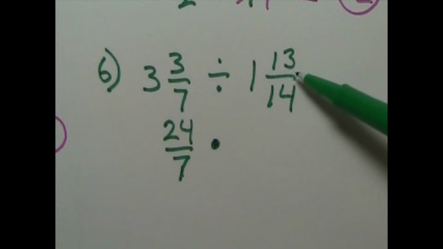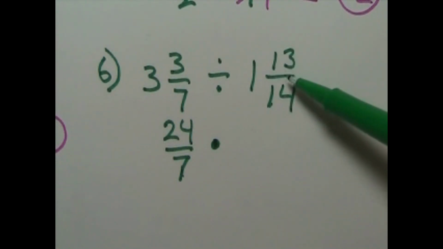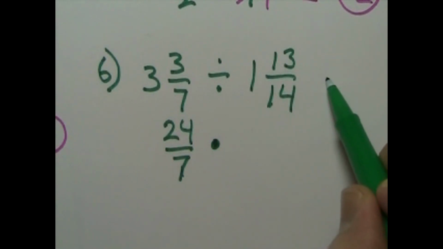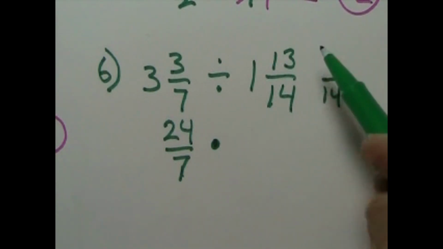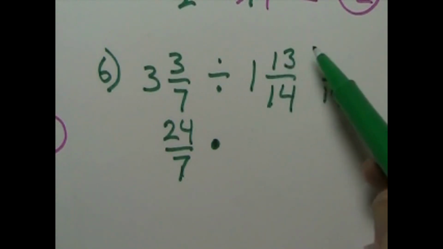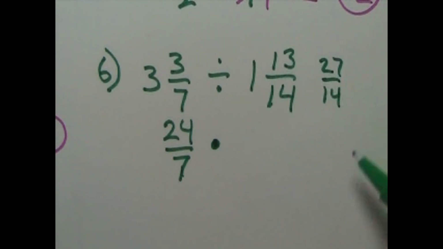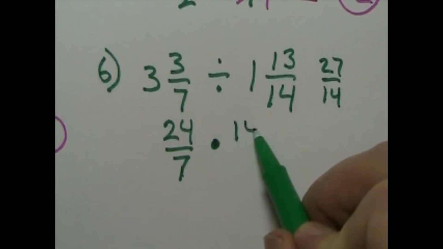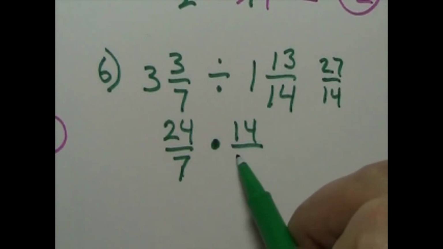And then now I'm going to have to make this into an improper fraction. So let's see. 14 times 1 plus 13. So 14 plus 13 is 27. So that is what I'm going to flip. If I flip that, 14 goes on the top, 27 on the bottom.